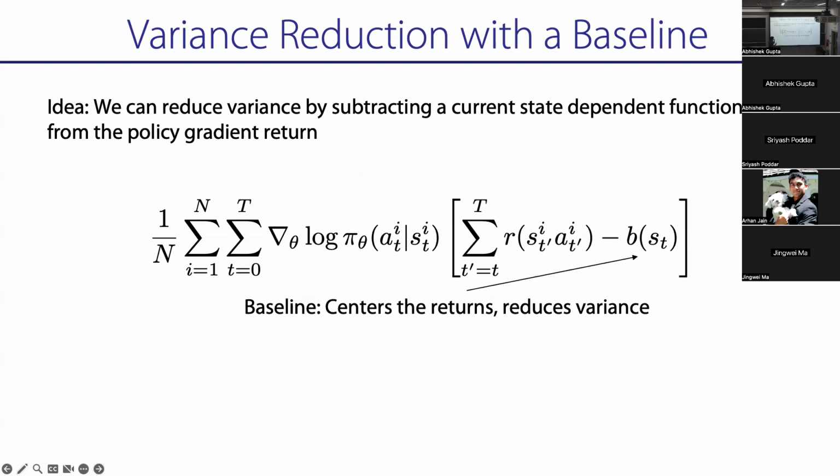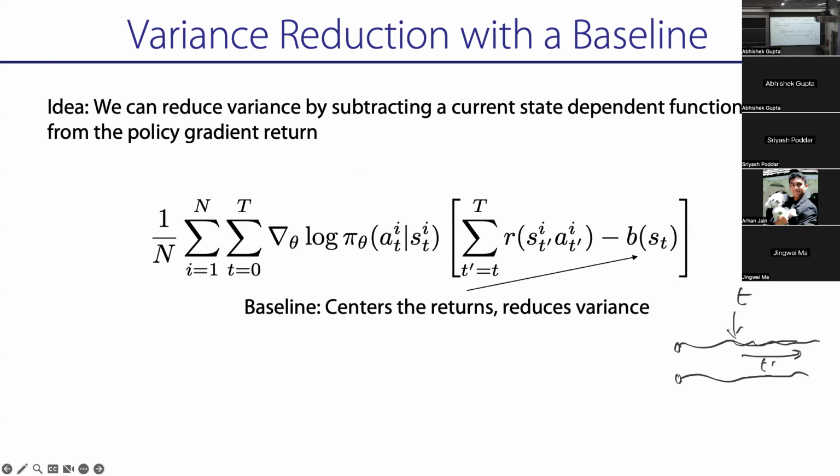The important thing you need to remember is that the baseline does not depend on t prime. It only depends on t. So we sampled a bunch of different trajectories, and for some time step t, we run our t prime sum to compute the sum of returns in the future.